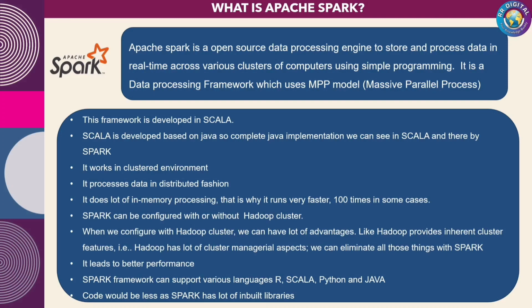Also, compared to Apache Hadoop, Apache Spark has much better performance. That's why most projects use Apache Spark. But they still use the Hadoop framework for data storage, while for processing and the remaining work they use Apache Spark, because Apache Spark is faster than Hadoop.